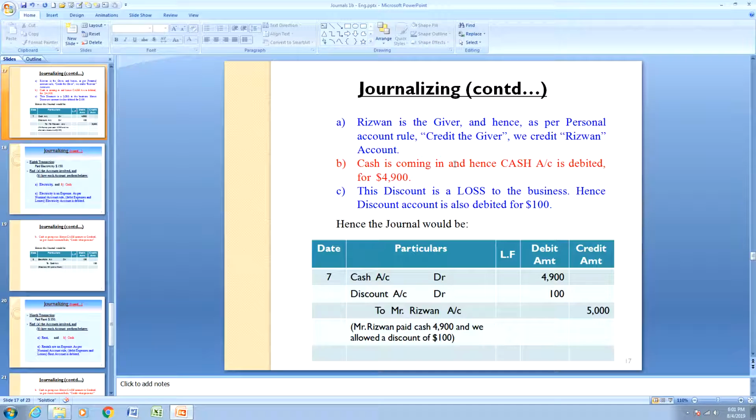This discount is a loss to the business, hence discount account is also debited for $100 as per nominal account rule, debit losses and expenses. So the journal would be cash account debtor $4,900, discount account debtor $100 to Mr. Rizwan account $5,000.